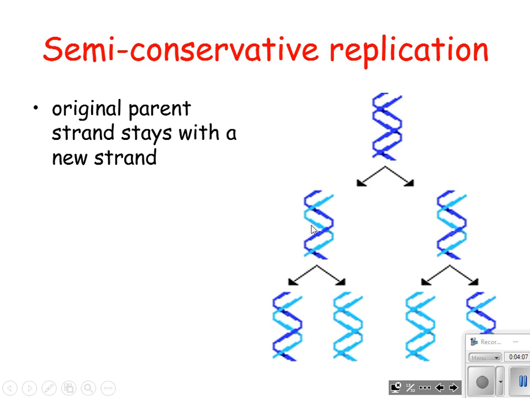So these two DNA molecules are genetically identical to that one right there because they just made copies. The dark blue one is the parent, the light blue one is the daughter. Once we separate this parent and this daughter, we still have a dark blue and a light blue, but right here are two daughter strands, aren't there? But nonetheless, are they still identical? Yes, they are still identical. That is what we mean by semi-conservative replication.